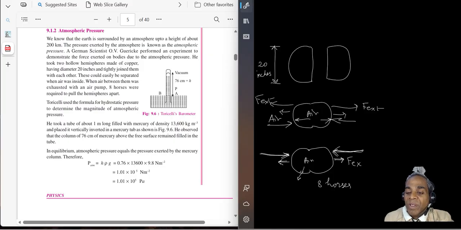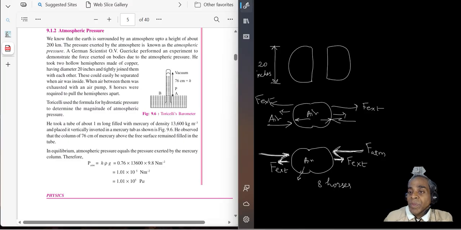And therefore, if we apply that external force now, we don't have the support of the air inside to help us separate these hemispheres. That tells us that in the second case, the force required to separate the hemispheres is exactly equal to the force exerted by the outside air on this hollow hemispheric enclosure to keep it joined. So that is how this scientist estimated that the atmospheric pressure is a very significant quantity to be understood.